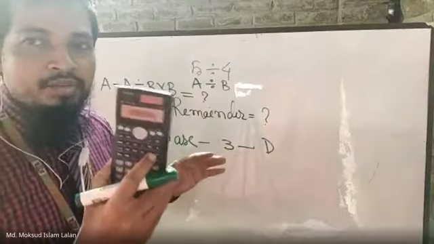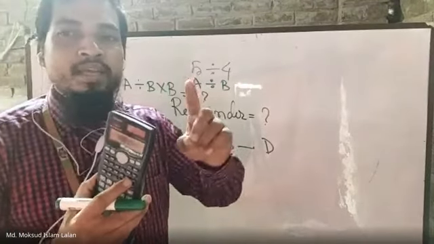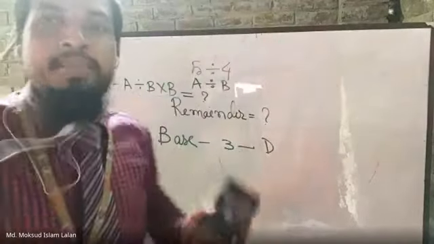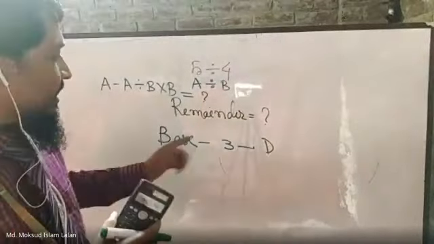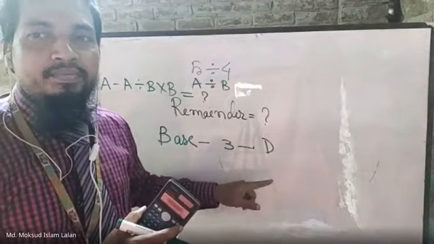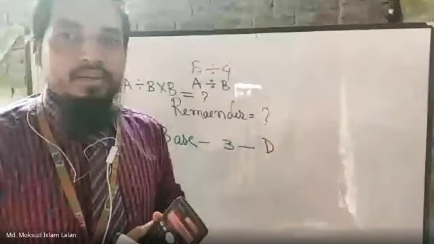Yes, sir. If you want to find the remainder with a calculator, at the beginning you need to convert your calculator mode to base, I mean decimal format, not binary or any other form, decimal form. Then press decimal. Do you understand, Habib? Yes, sir.